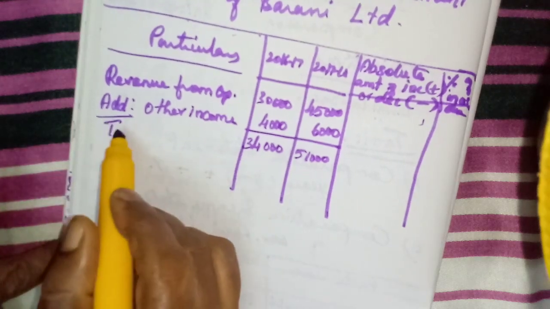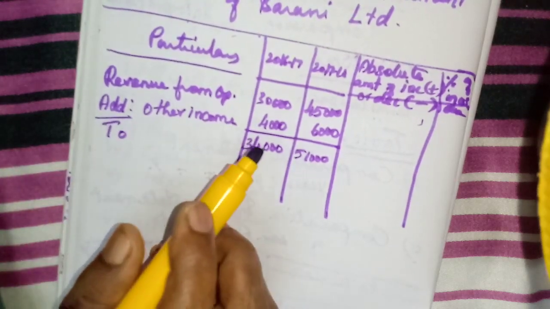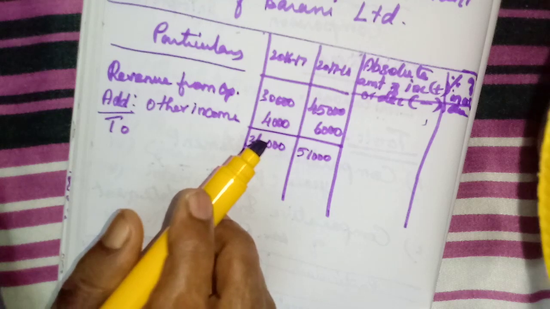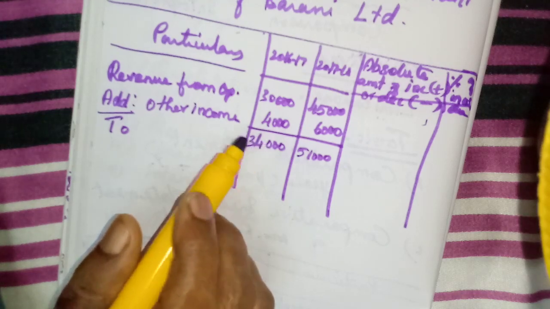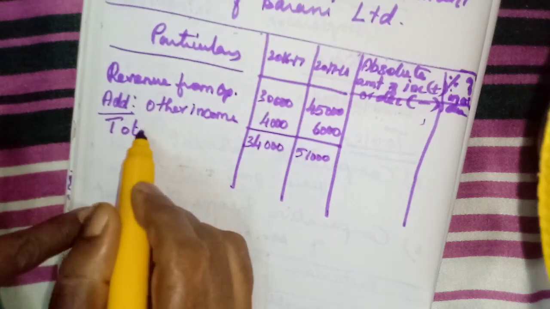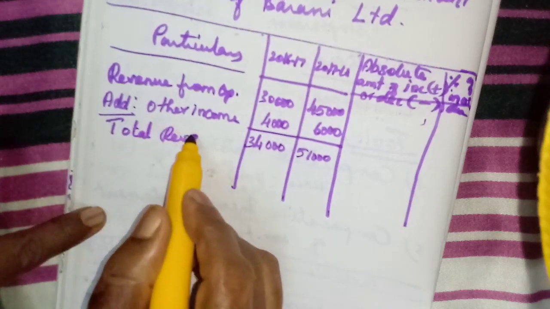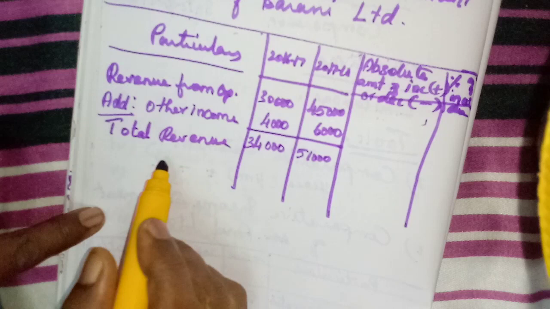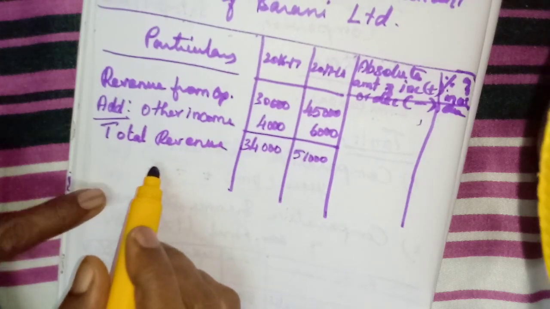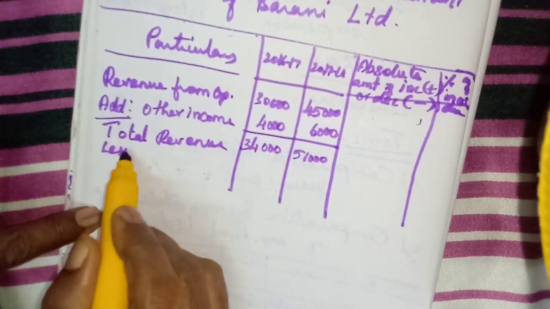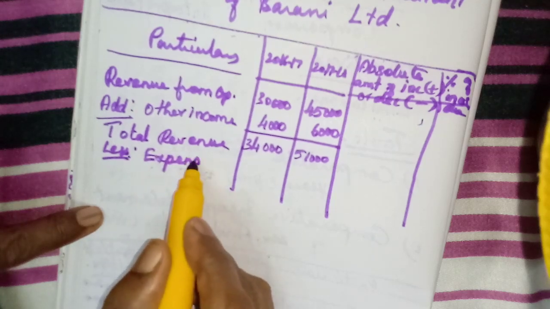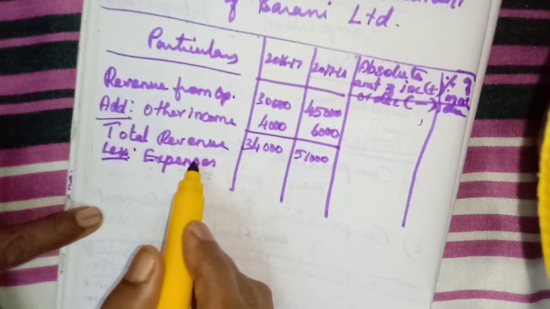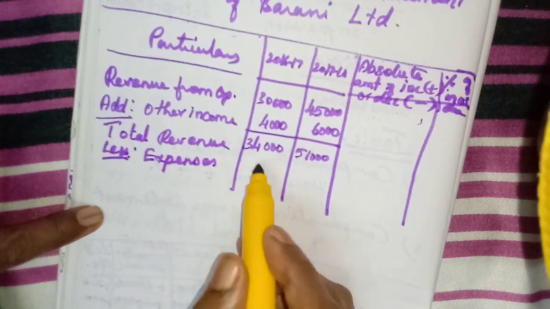This is total revenue. Then less expenses: 10,000, 15,000.